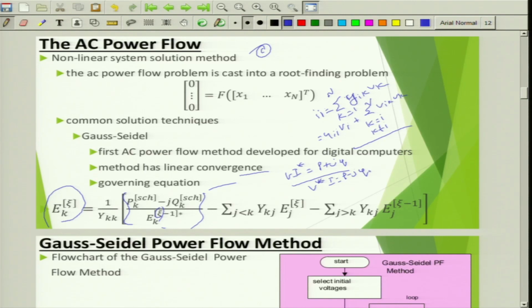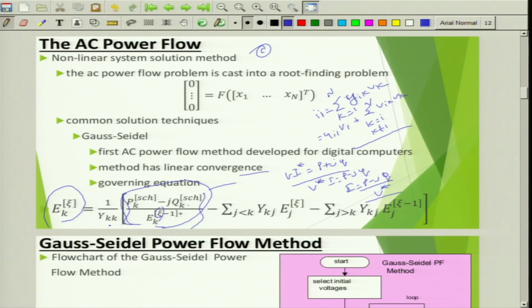P minus jQ. So what is I? P minus jQ divided by V star. That is what is there here. This is current, and the current divided by admittance is the voltage. That is what we are getting here, voltage.